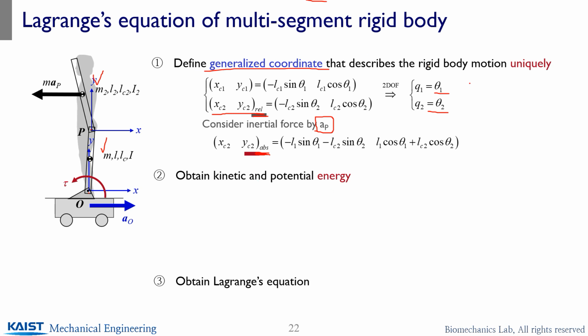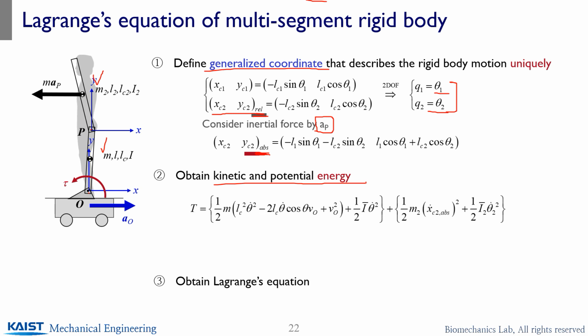Okay, suppose you have set up the generalized coordinates theta 1 and theta 2, and the next step is you have to formulate the kinetic and potential energy. The kinetic energy for segment 1 is what we have just worked on in the previous slides. And for the kinetic energy for the second one, you will have m v squared plus I omega squared, right? But for the m v squared here, the v should be the absolute velocity, right?